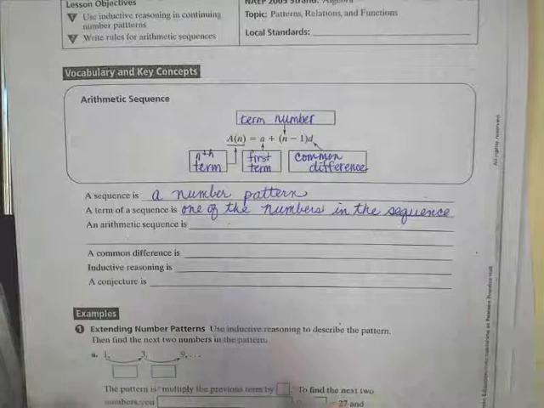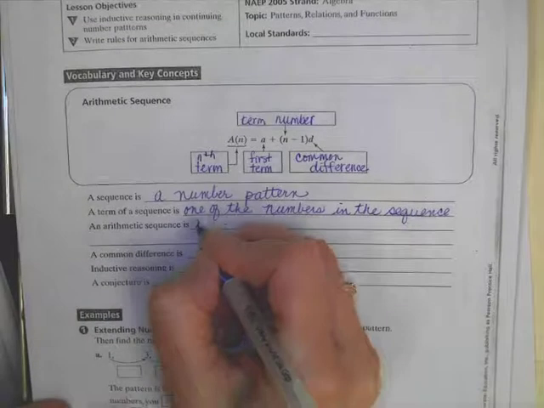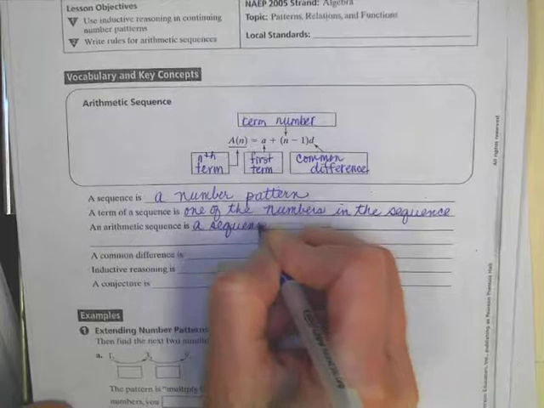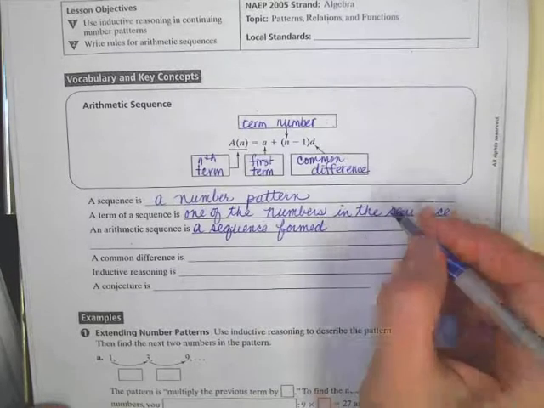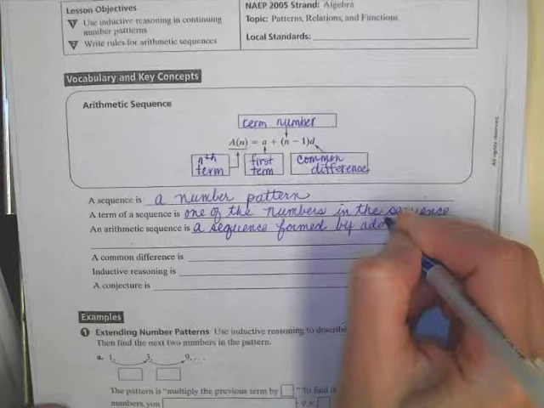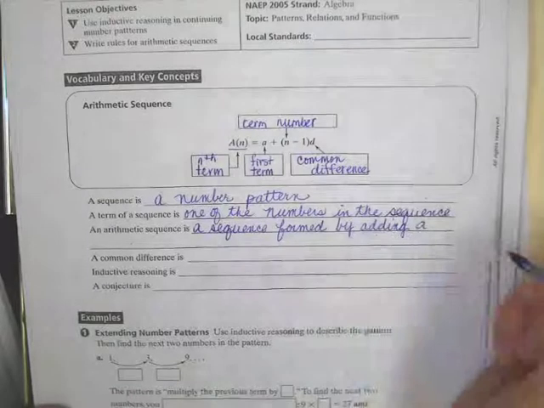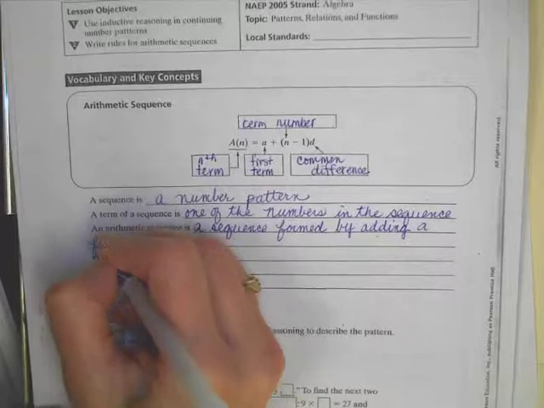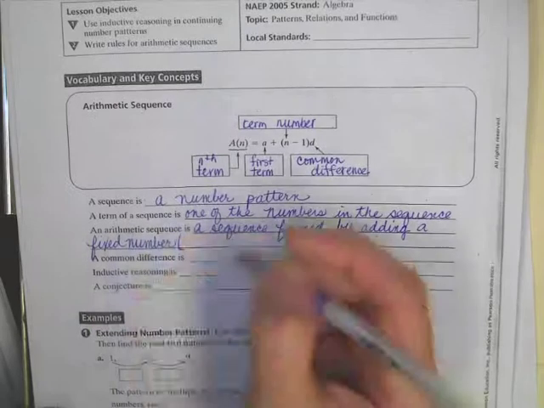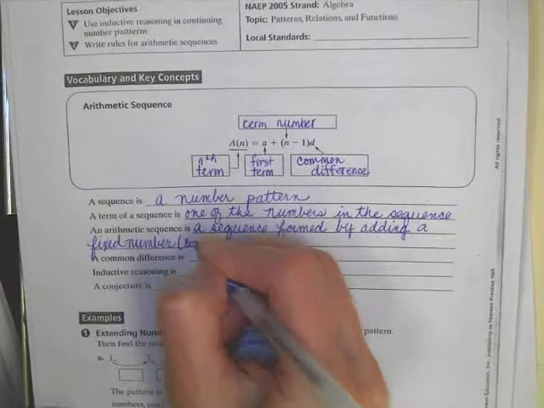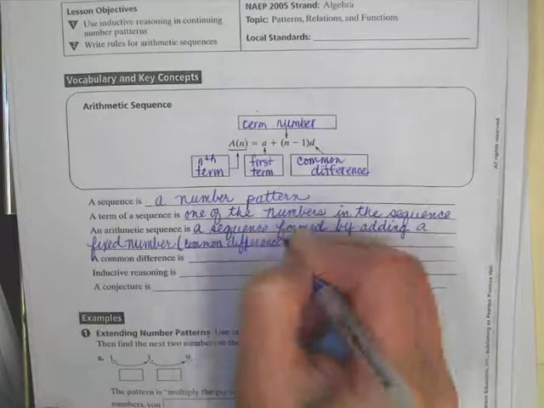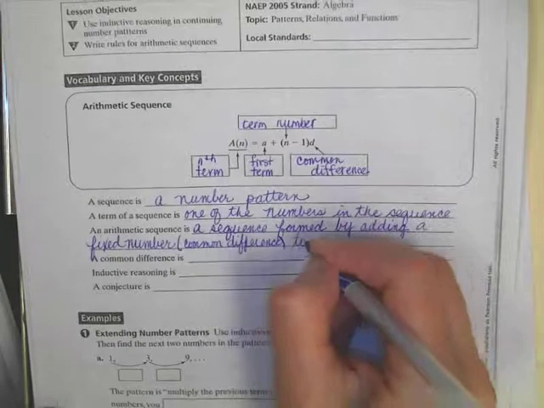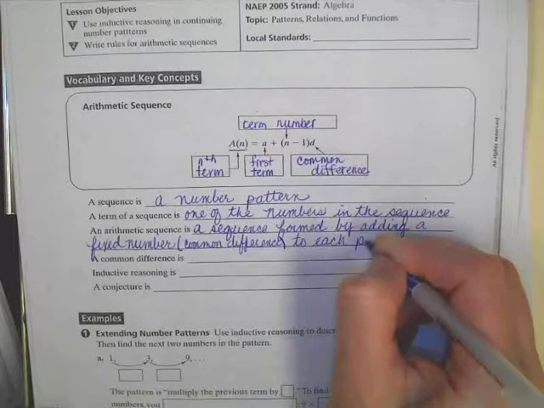An arithmetic sequence is, as I was saying, a sequence formed by adding a fixed number, the common difference, to each previous term.